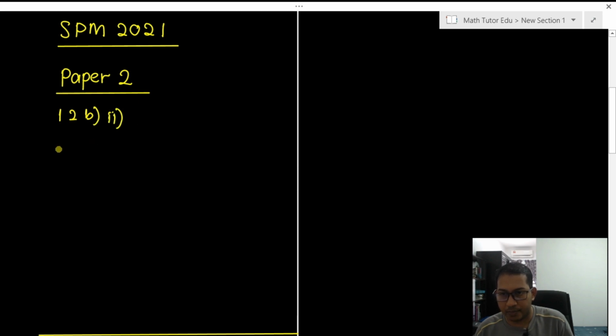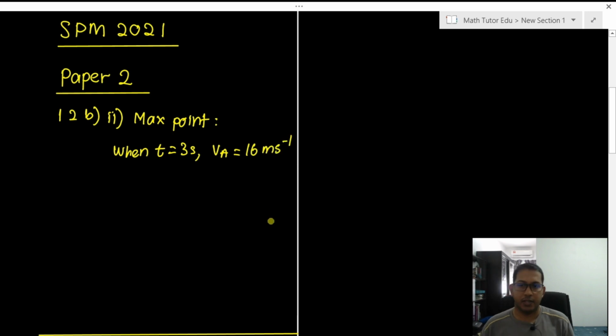Max point, when t equals 3 seconds, VA equals 16 meters per second. This is one of the points.